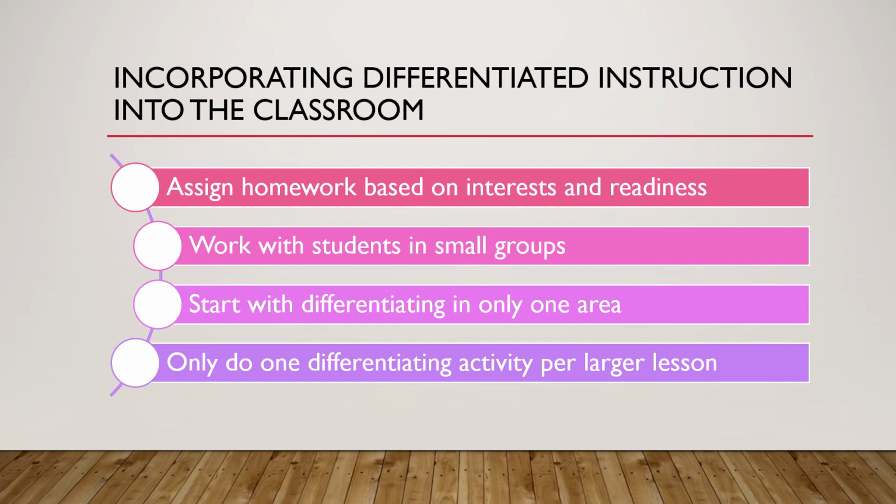And assigning homework based on interest and readiness is, I think, an awesome way to start differentiating lessons. That way your students will be engaged in their homework. They won't feel like it's too hard or too easy, and they will hopefully be able to take that with them and have a better understanding when they come back to class.